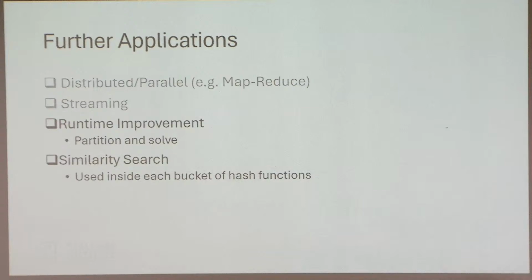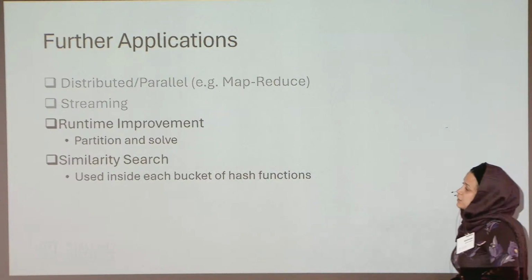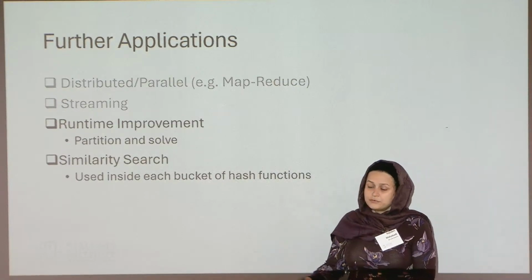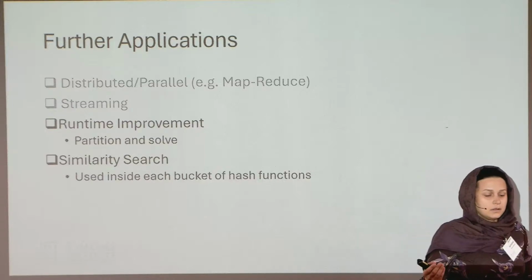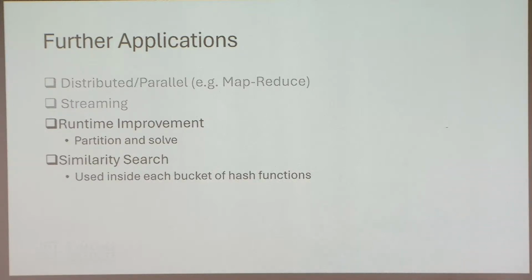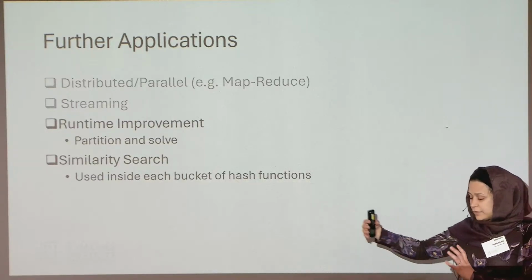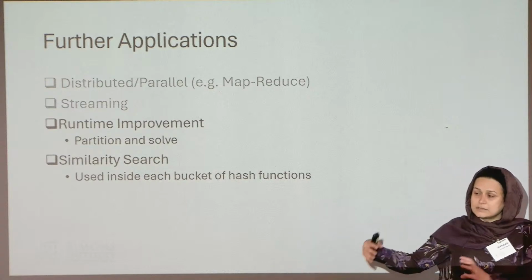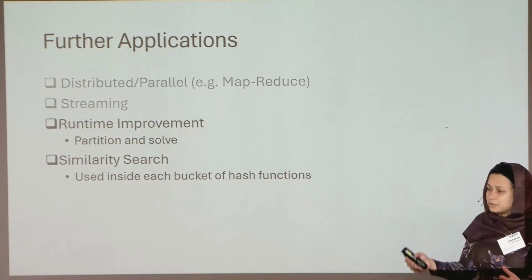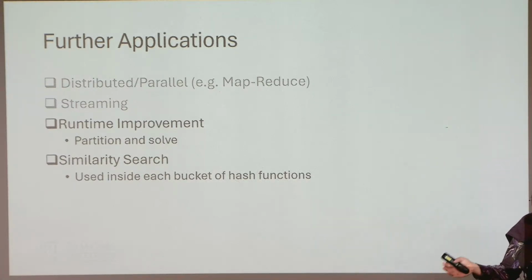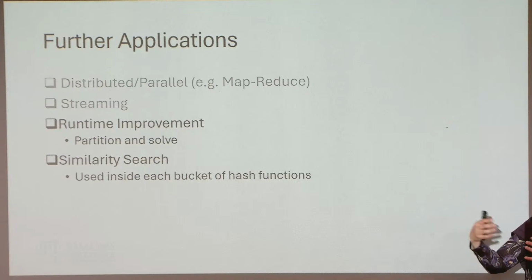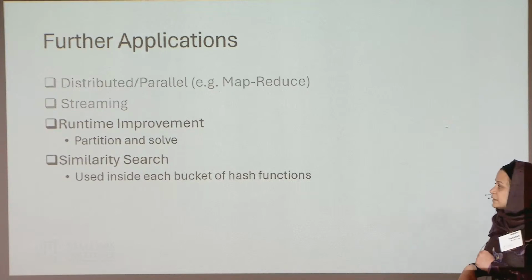Again, it has had applications for runtime improvement, even for practical problems. When you have an algorithm that is expensive to run on the whole data, you can just partition it, compute a coreset, and only run your algorithm on the union of these coresets.